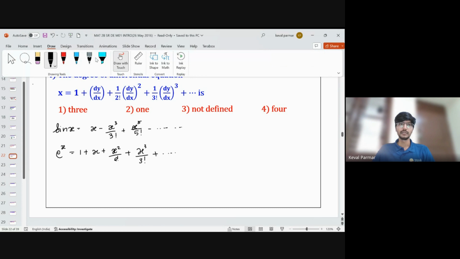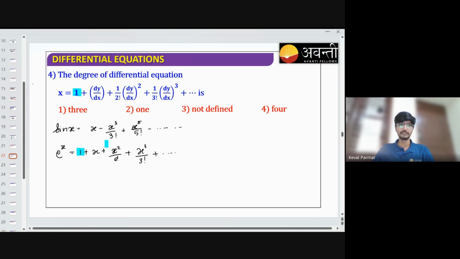So here you can see 1 is matching with 1. dy by dx is x, dy by dx the whole square is x square, with 1 upon 2 factorial already there, dy by dx the whole cube is x cube.